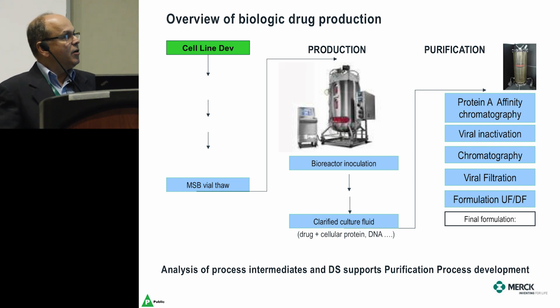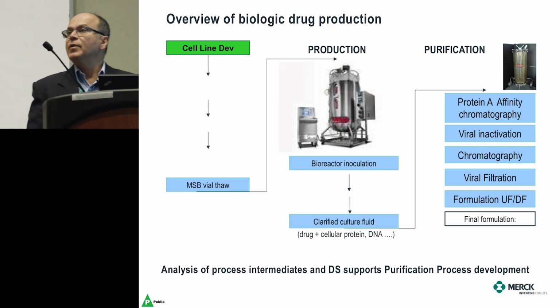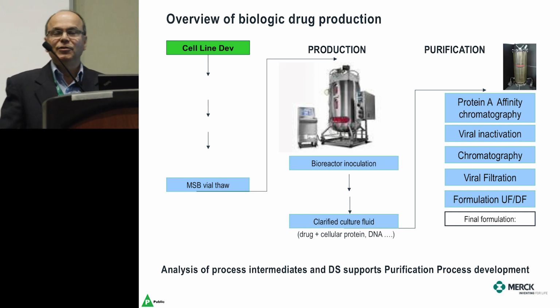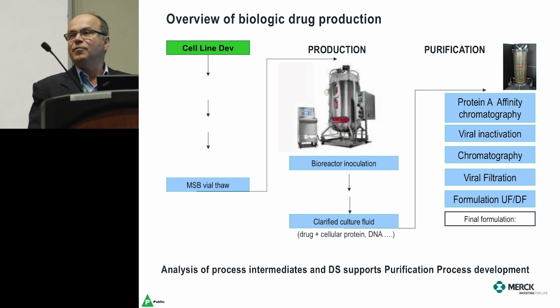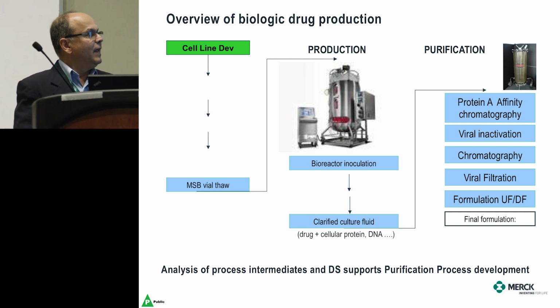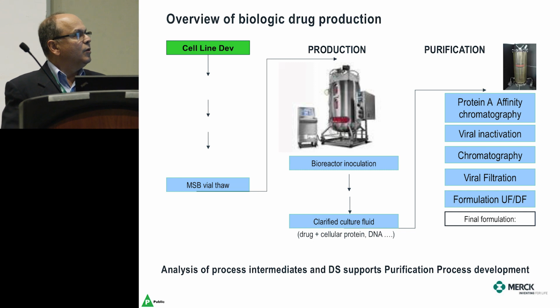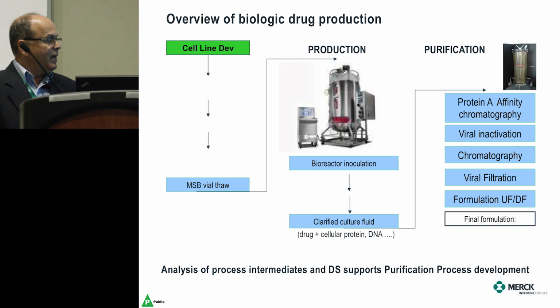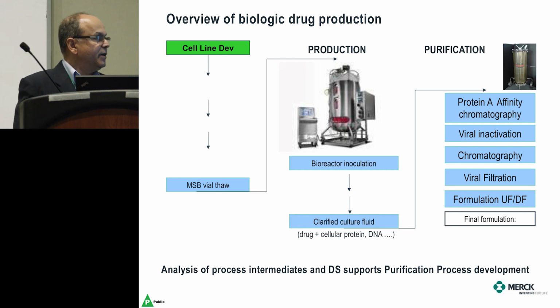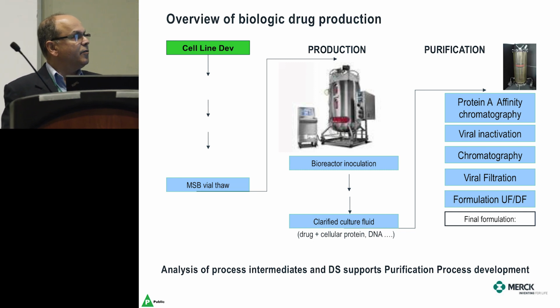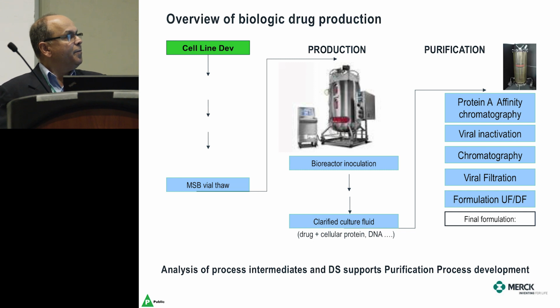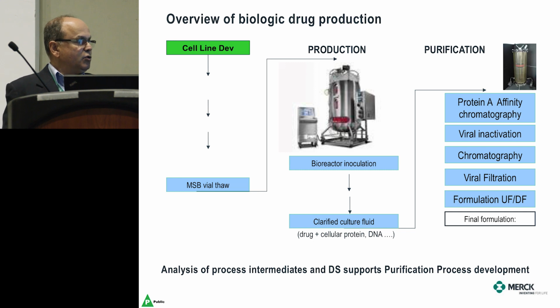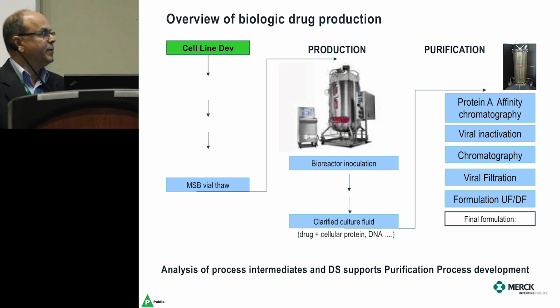So all these require, or specifically the purification steps, require analytics to see how good the purification process is and how the purity is advancing with every step. So analysis of process intermediates, so intermediates coming out of all these steps, and the final drug substance supports purification process development.